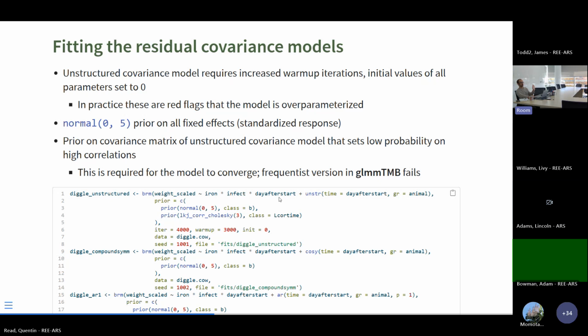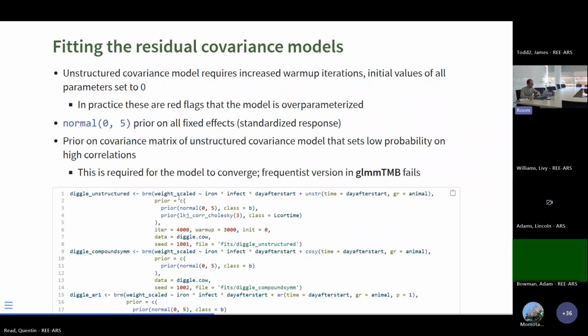There's no way you could get a model like that to converge in classical statistics because it's got way too many parameters. The Bayesian one, it took a little tinkering, but I could get it to converge if I used the right priors, which you could not do. Basically, you would not even be able to fit an unstructured covariance in classical statistics to compare it with the other models. It would not even converge. You couldn't get an answer. So we're starting to get into the territory where the Bayesian models actually work and the other options fail. So that's just a side note.